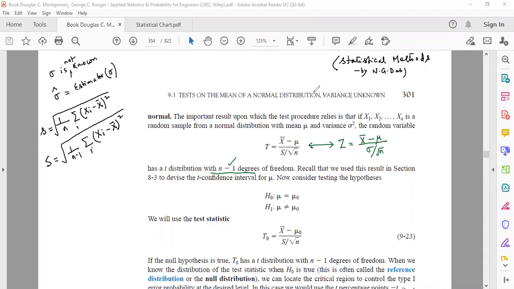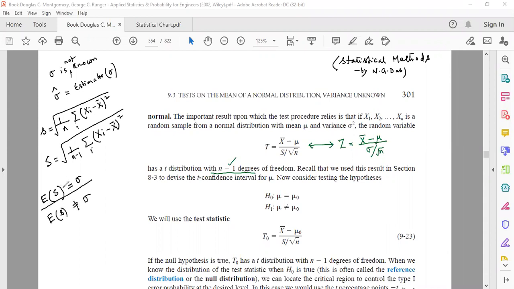It's by one of the professors from Calcutta University, N.G. Das. He wrote Statistical Methods. In this book you can find this proof: he has proved that the expectation of capital S is equal to sigma, but the expectation of small s is not equal to sigma.